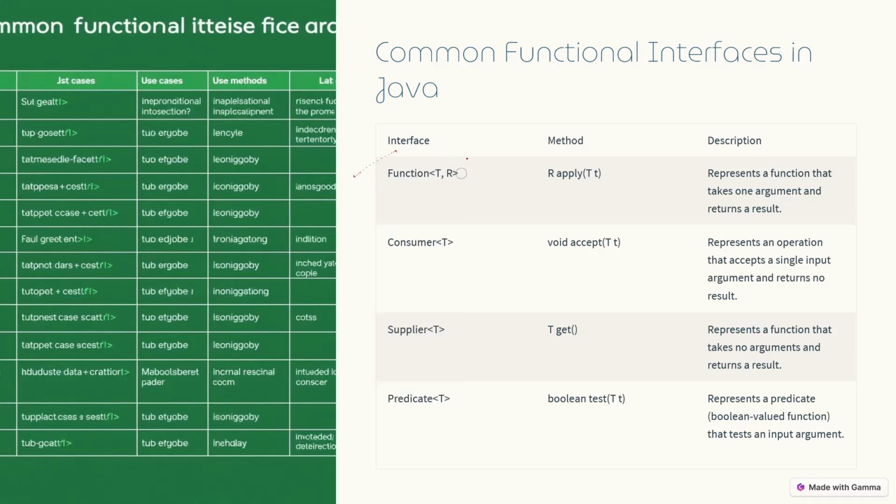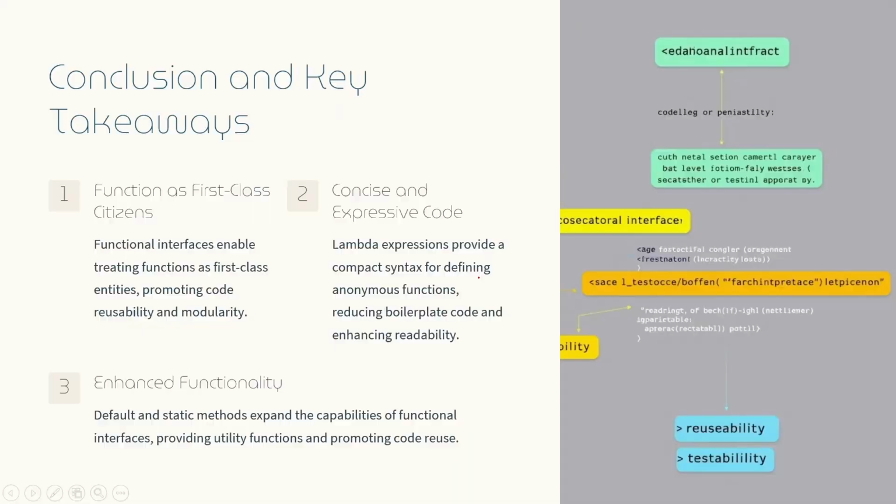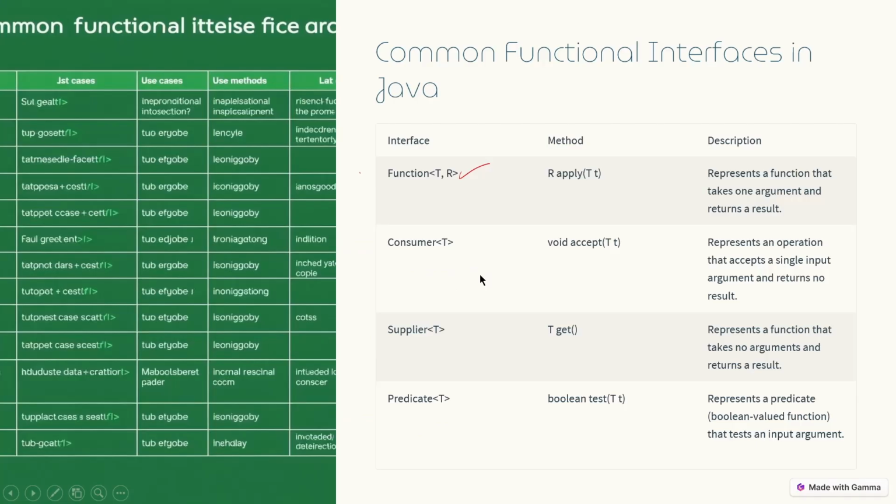Function, consumer, supplier, predicate. Let's say in map we are using, right? Map, I mean the stream API map method. Inside of map, what we are doing? We are taking the element and doing some operations, right?